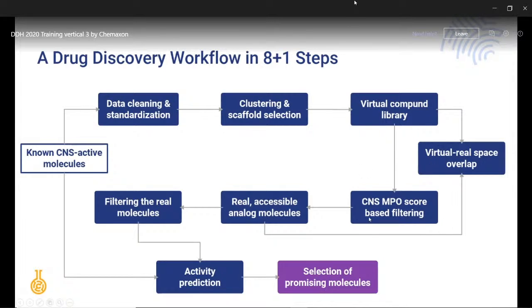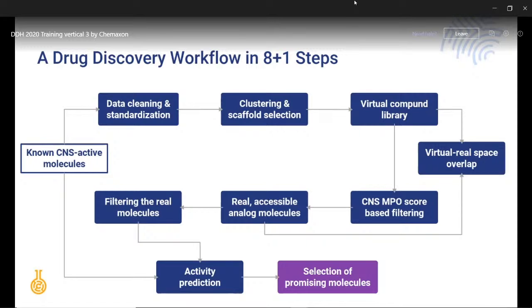So once we have done this, we will have a set of virtual compounds which have physicochemical properties that fall in the desirable property space. Now the next step would be to further narrow down this virtual compound collection and find those molecules which we can access easily.